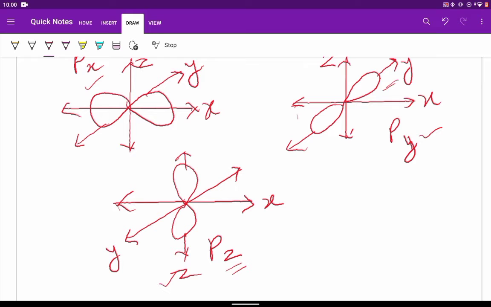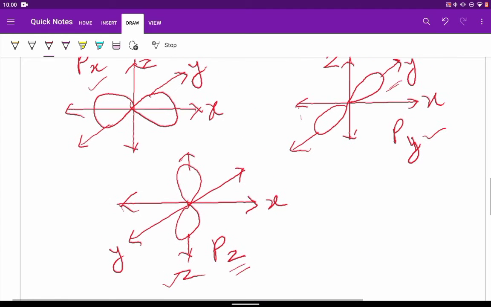So by the boundary surface diagrams we can explain the shapes of the orbitals. Now the probability density, whose representation I have shown, will be constant. If you compare the shapes of the s orbital, as the value of n increases, the size of the s orbital also increases. So we can say that the size of the 4s orbital will be greater than 3s, which will be greater than 2s, and so on.